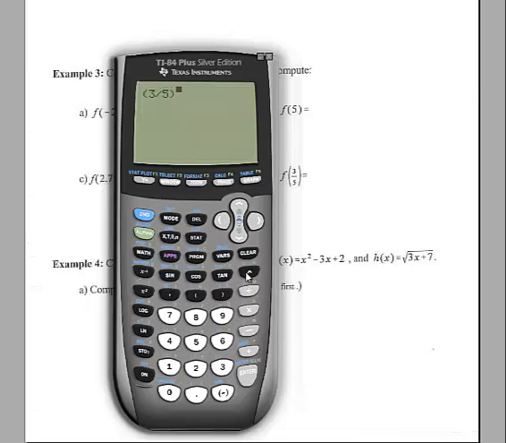I want to square that, and then I want to add 3. Enter. This really wouldn't be too bad to convert back to a fraction.